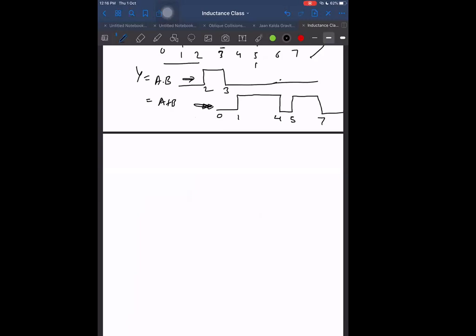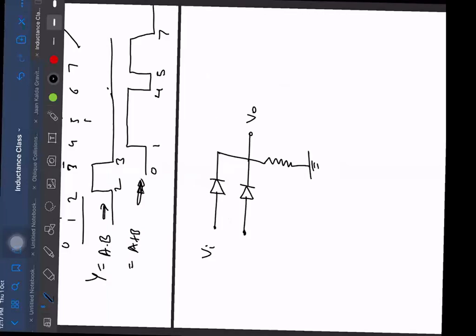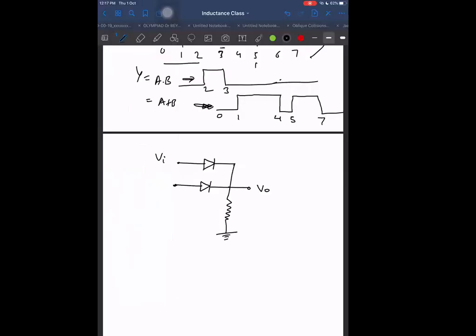Let me see if you can tell me which kind of gate we have formed here. This is A, this is B.